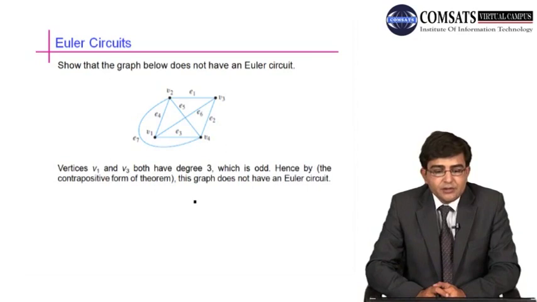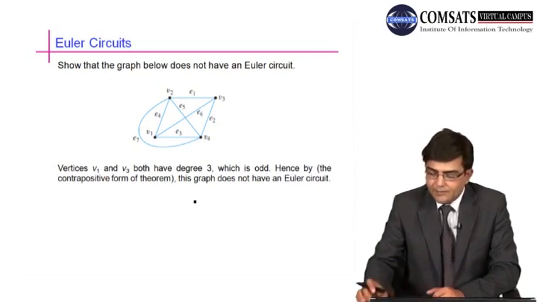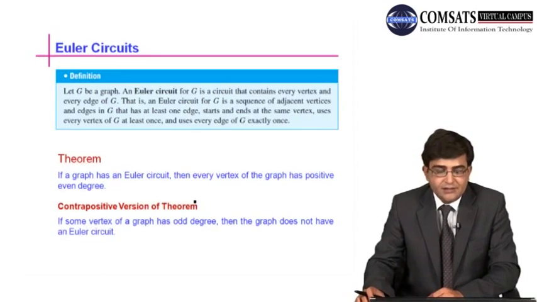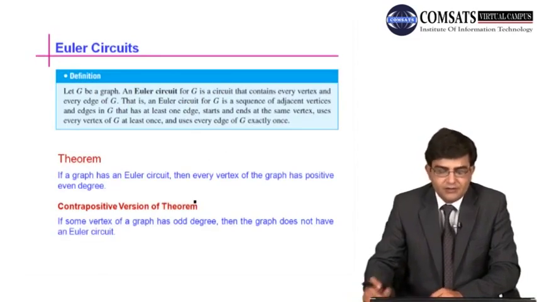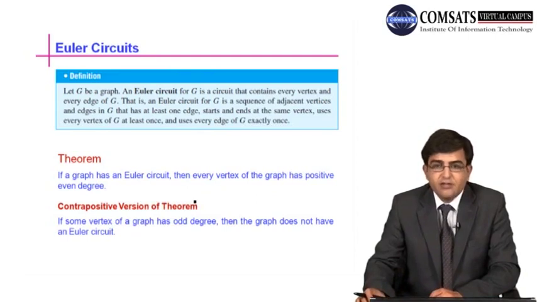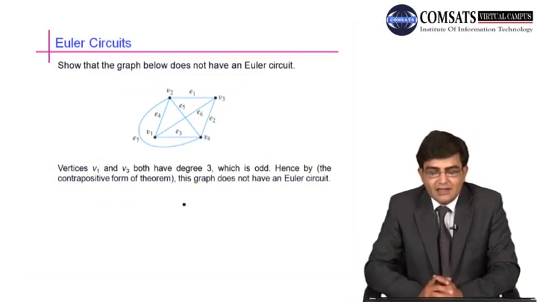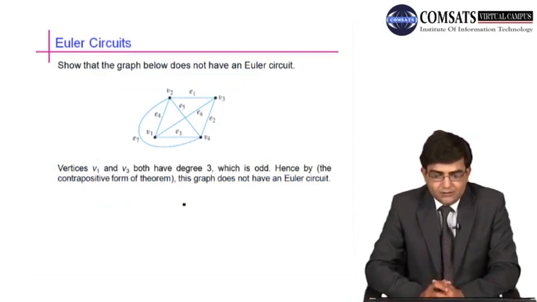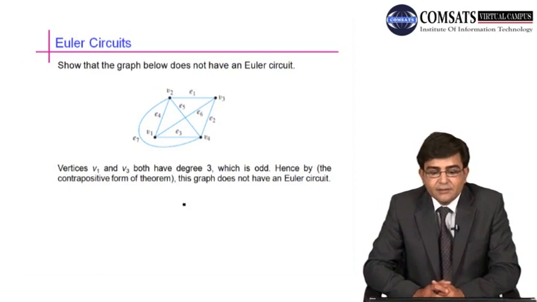In this example, we have to show that the graph below doesn't have an Euler circuit, and we investigate by this theorem, or the contrapositive version of this theorem. First of all, we have to check whether every vertex of the given graph has even degree or not. We check starting with the first vertex. This graph has 4 vertices, v1, v2, v3, v4. There is no other vertex in this graph.